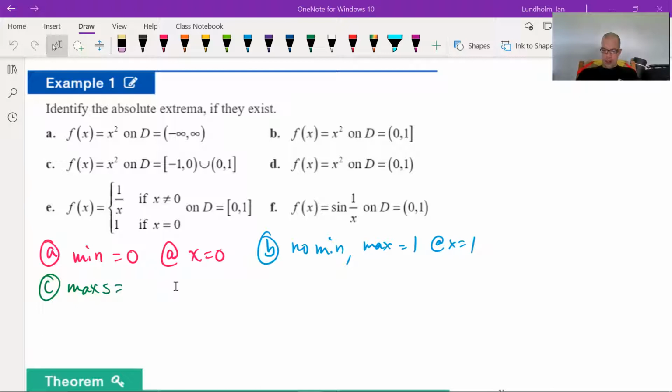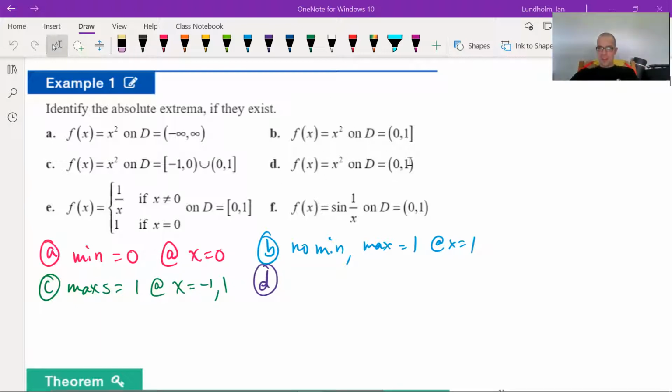And that, well, the maximum value will be 1, and that'll be at x equals -1 and x equals 1. But yeah, no minimum.